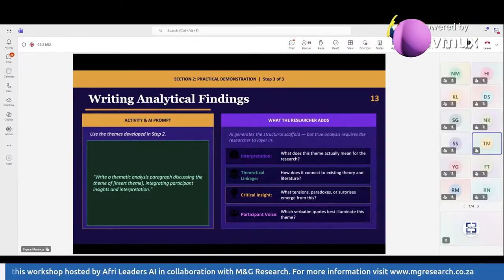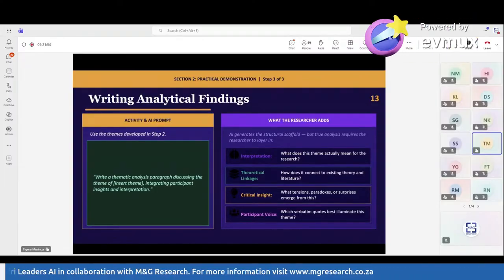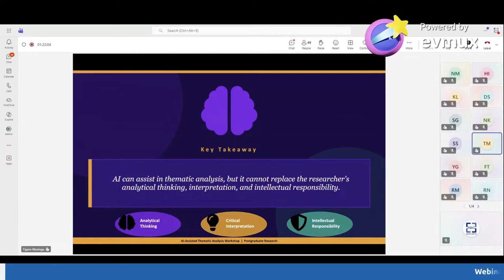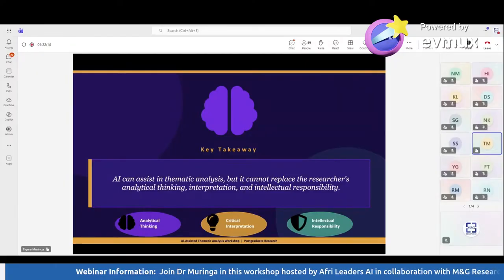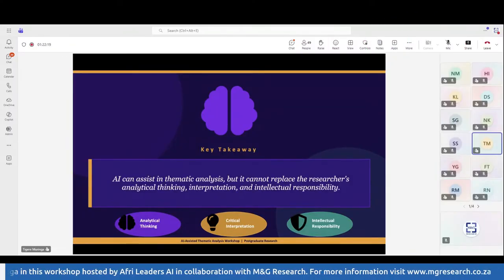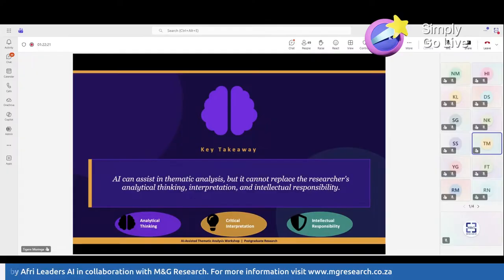And how you would then move from the themes to writing the actual chapter or the actual section in your dissertation, right? So the key takeaway is that AI can assist in thematic analysis, but it cannot replace the researcher's analytical thinking, interpretation, and intellectual responsibility. Analytical thinking, critical interpretation, and intellectual responsibility all remain the researcher's responsibility, and AI assists.